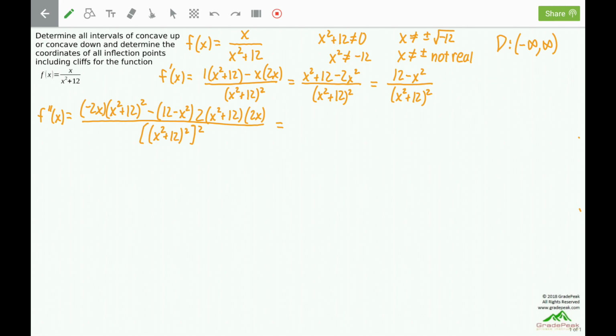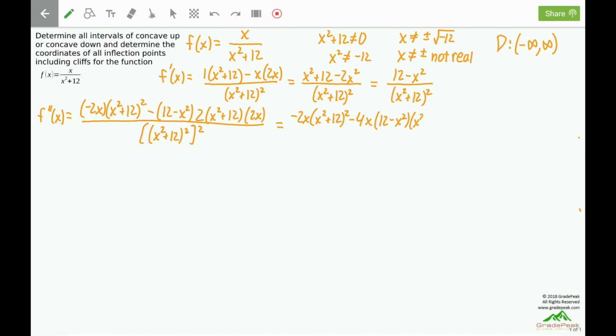The first term in the numerator, there's a minus 2x, no need for the parentheses, and then an x squared plus 12 squared. In the second term, we can put the constants together. There's a 2 and a 2. 2 times 2 is 4. It can move out front. There's a negative already out there, so it'll be a negative 4. There's an x that can move out front with it. There's a 12 minus x squared.